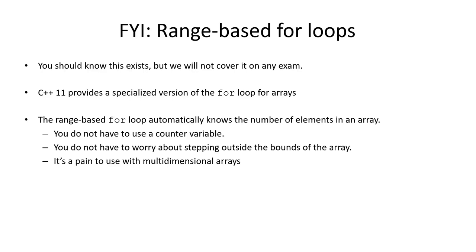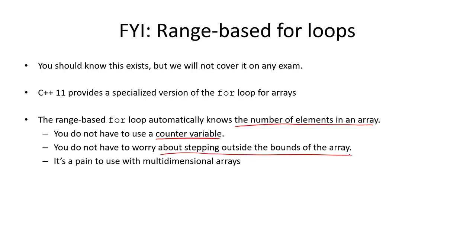Range-based for loops are a special version of the for loop, and the purpose of a range-based for loop is to try to help simplify special cases of for loops. The range-based for loop automatically knows how many elements you have in your array, so you do not need to use a counting variable, and you do not have to worry about stepping outside the bounds.